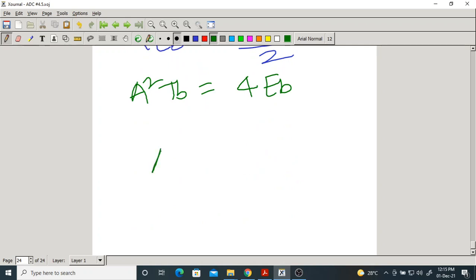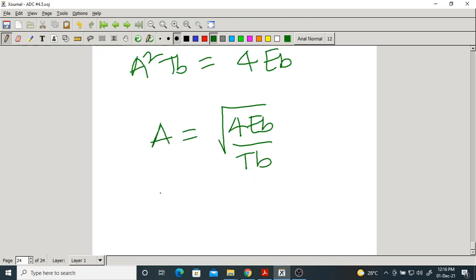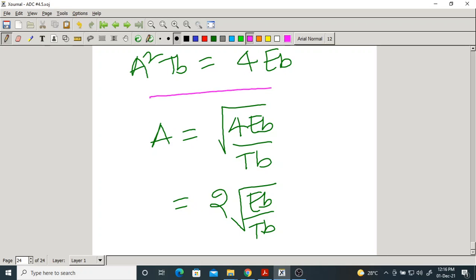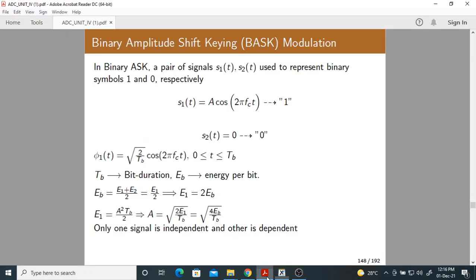A equals root of 4EB by TB. This is very, very different. Otherwise, you can also write this as 2 times root of EB by TB. Here A is different: root of 4 EB by TB. In the remaining two techniques, it was root of 2 EB by TB.